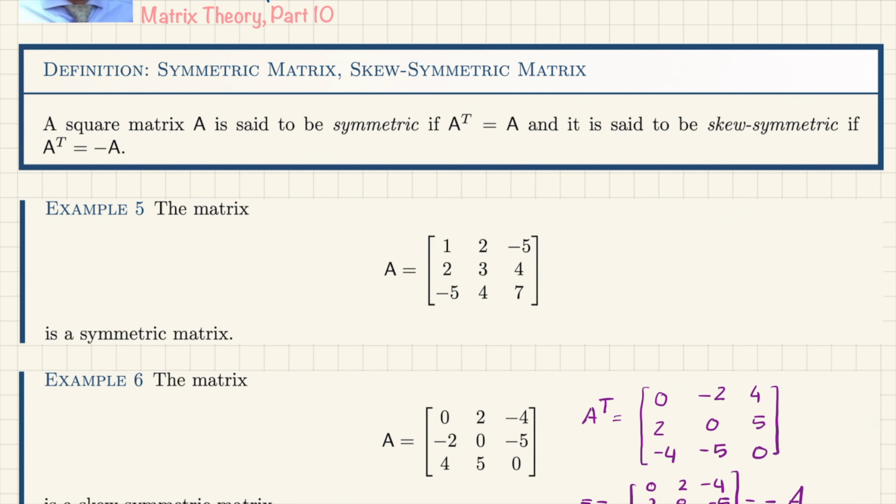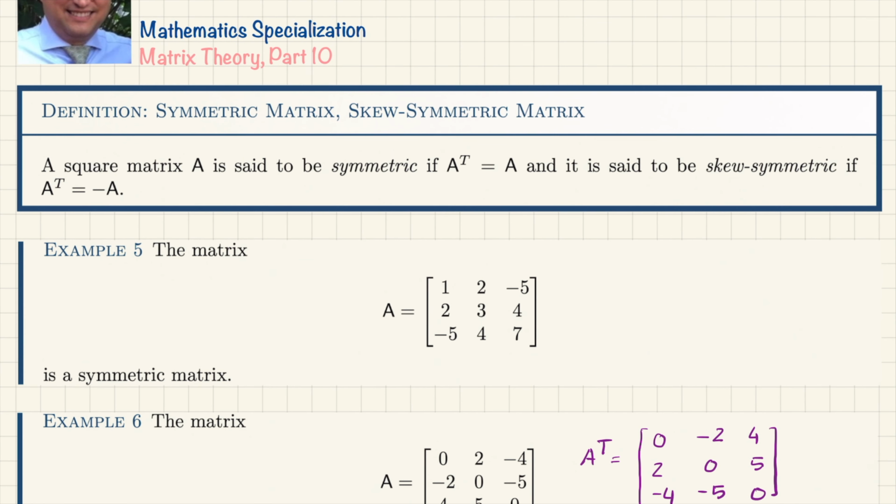Can you say something before seeing the next remark? Can you say something about the elements on the main diagonal of a skew matrix? You see that all of them are 0 here. Do you think that's a coincidence or a have-to? I'm asking you, if I have a skew symmetric matrix, is it necessarily the case that all the entries on the main diagonal have to be equal to 0?